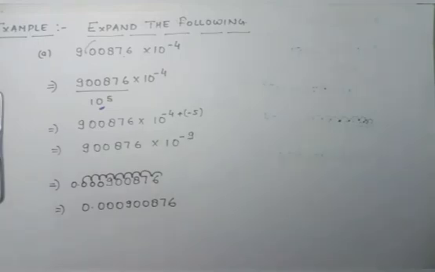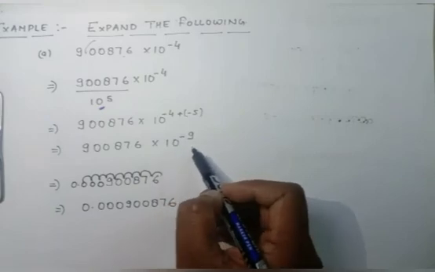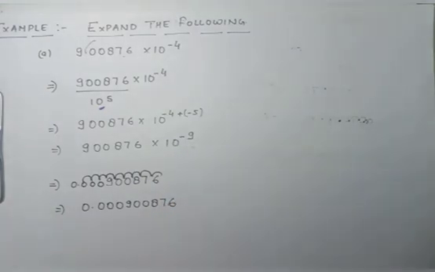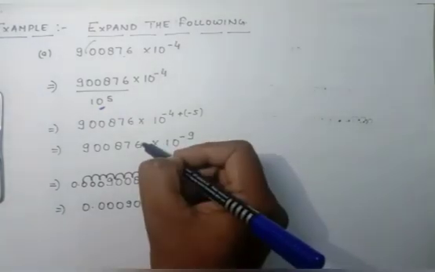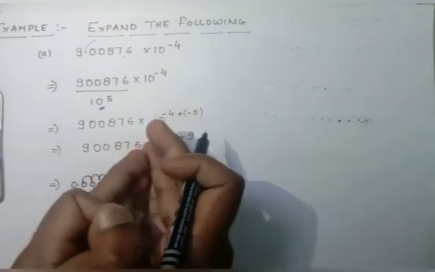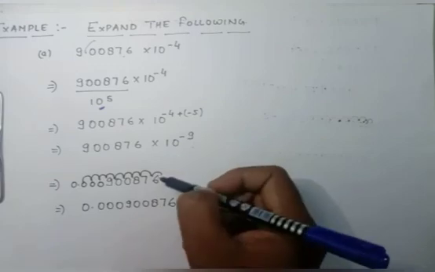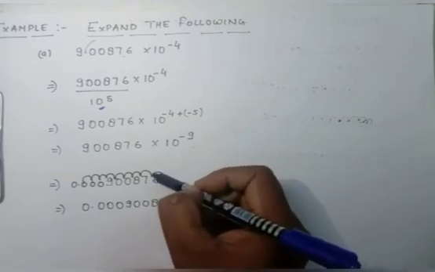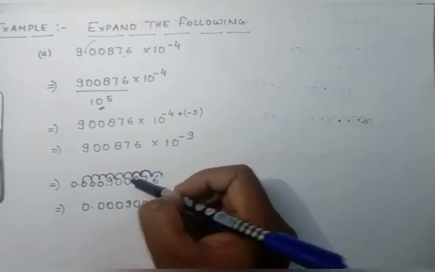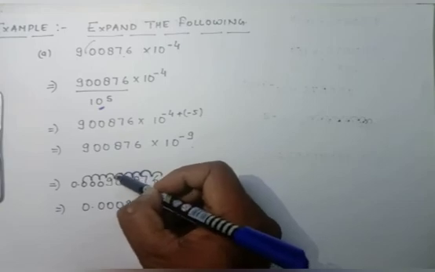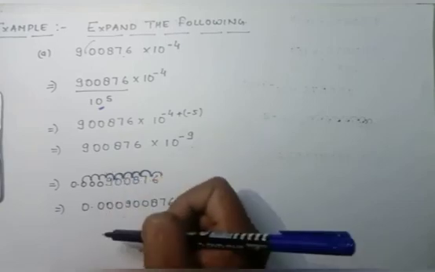Now to write the given number in expanded form, what will we do? Over here 10 to the power minus 9 is given. Now we have to shift the decimal place from right to left. How many places? 9 places. So what am I doing? 1, 2, 3, 4, 5, 6.